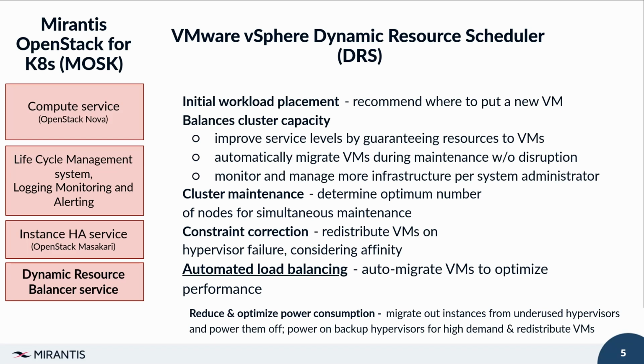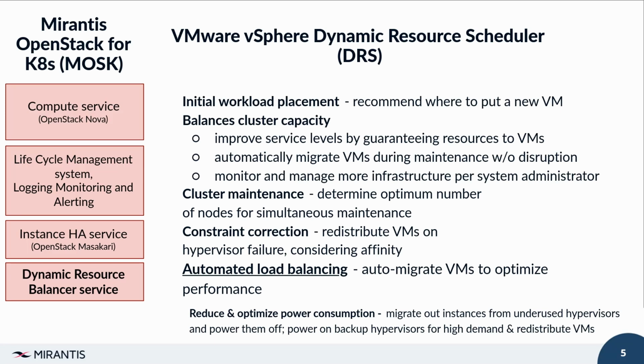While DRS in VMware is rather a monolithic thing, a big combine which does a lot of different functions at the same time. But still, the functional parity between these two solutions, we believe, is like 99% there, with the introduction of our new dynamic resource balancer service. Let's take a deeper look here.